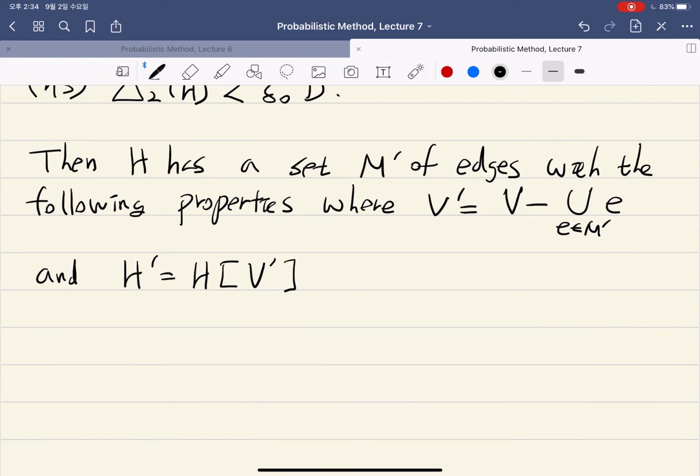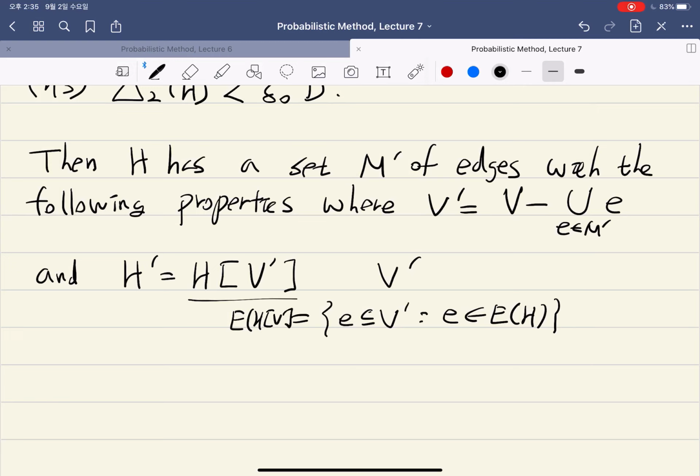This means that it has the vertex set V prime, and then all the edges of H which completely lie inside of V prime are the edge set of H prime.